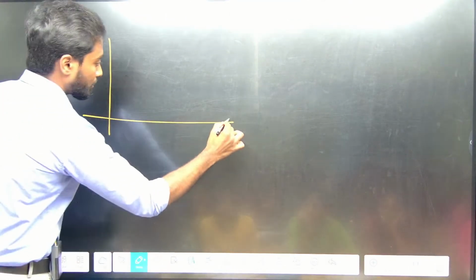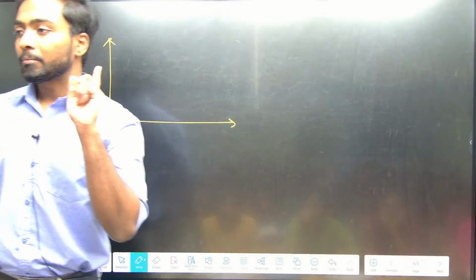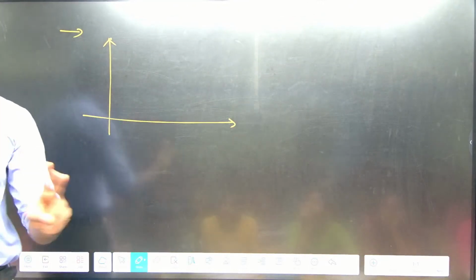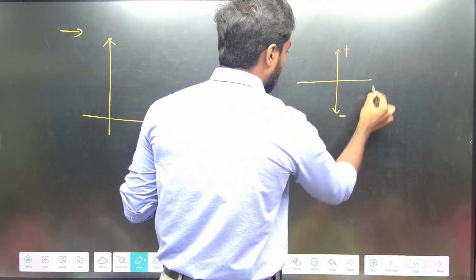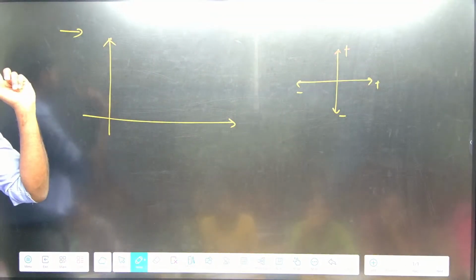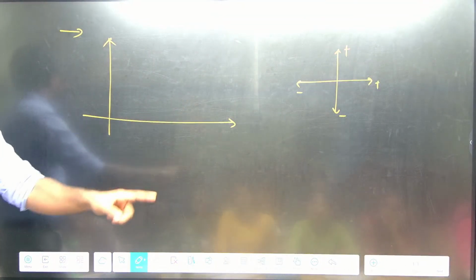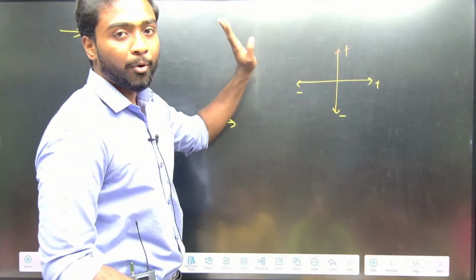The meaning of projectile is nothing but I am projecting something. Whatever we are considering here, we are taking the vectors, so always consider the direction: positive, negative. If you are going in the positive x axis it should be positive, negative x axis negative, down negative, up positive.